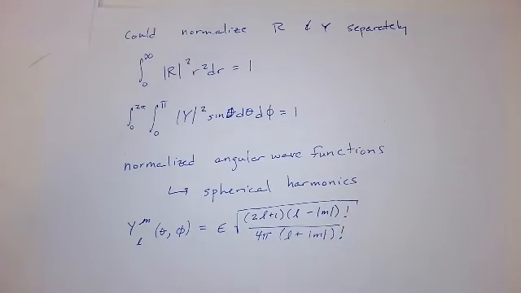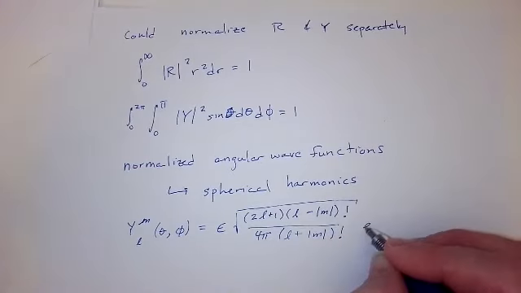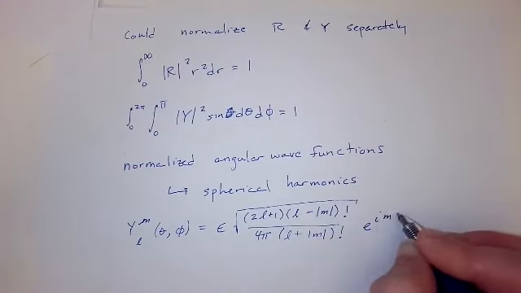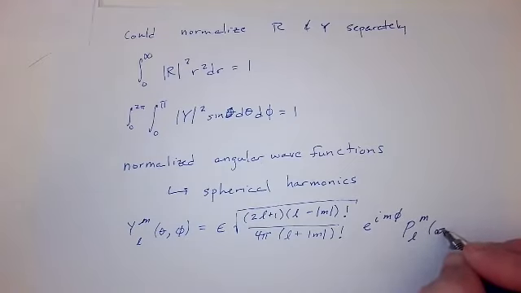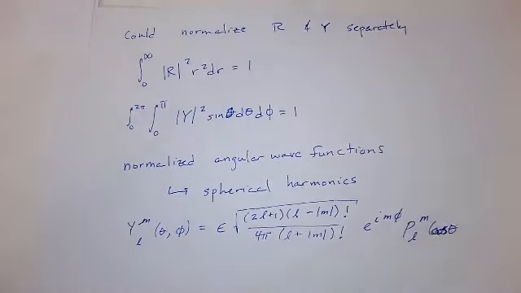This is all under a square root sign. And then we've got an exponential function, and we've got our polynomial. That's a function of cosine of theta.